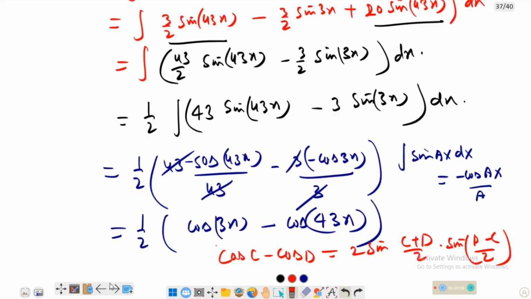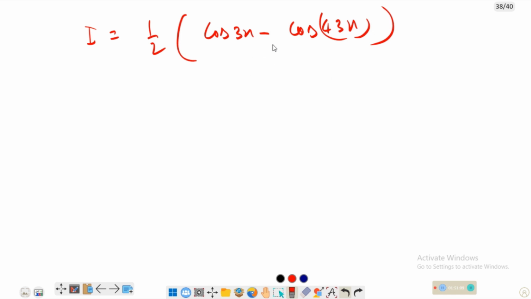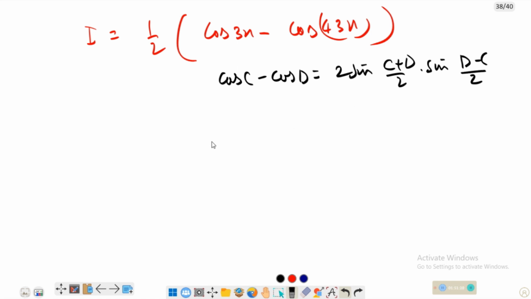Basically I is equal to 1/2 (cos 3x minus cos 43x). Here I use the formula cos c minus cos d is equal to 2 sin((c + d)/2) sin((d - c)/2). This is 1/2 into sin of (3 + 43 = 46)x/2 into sin of (43 - 3 = 40)x/2.